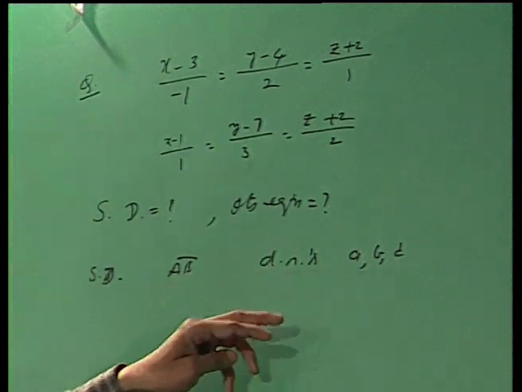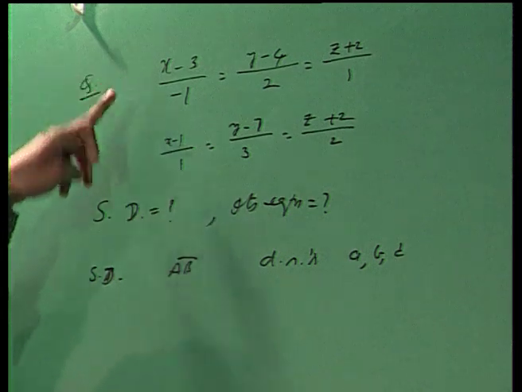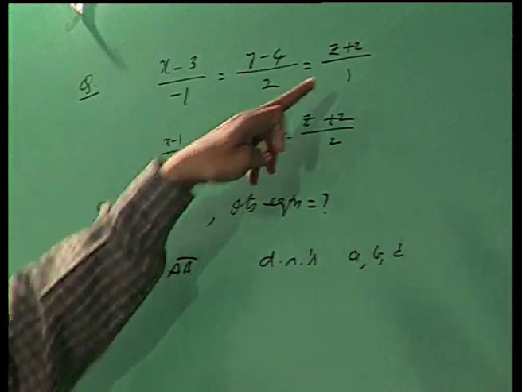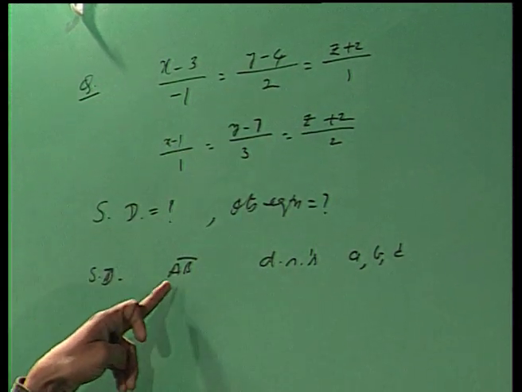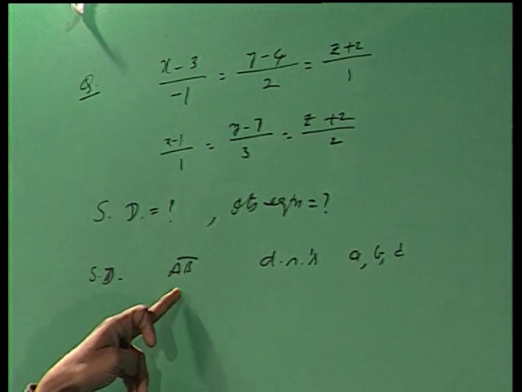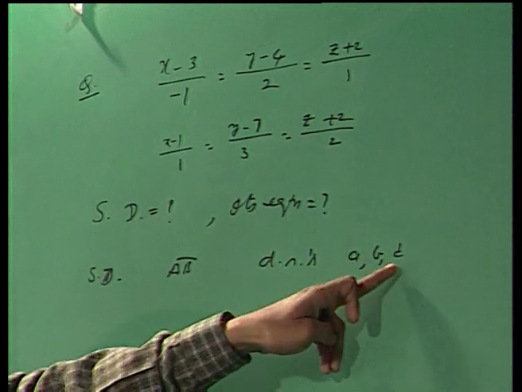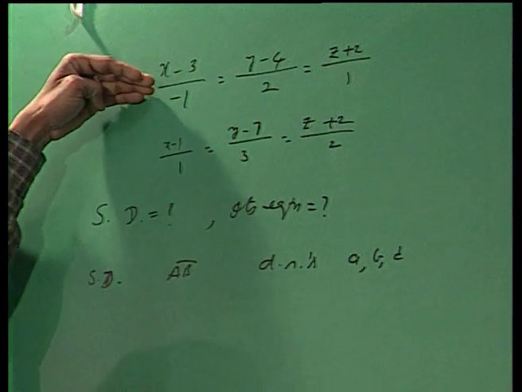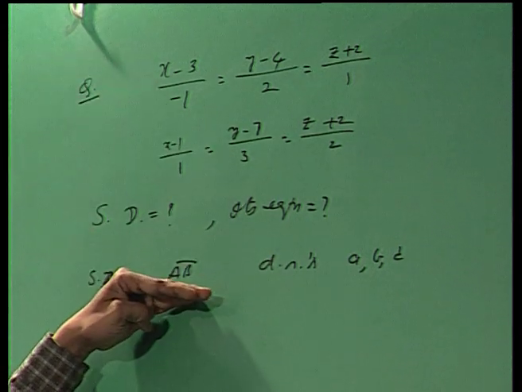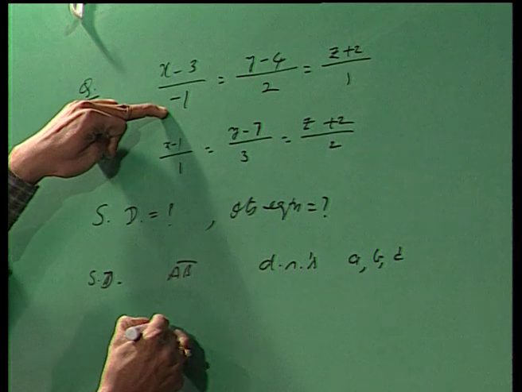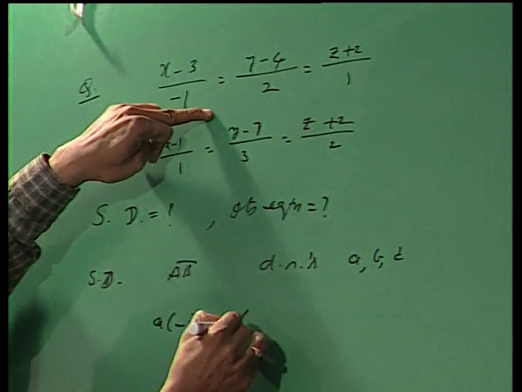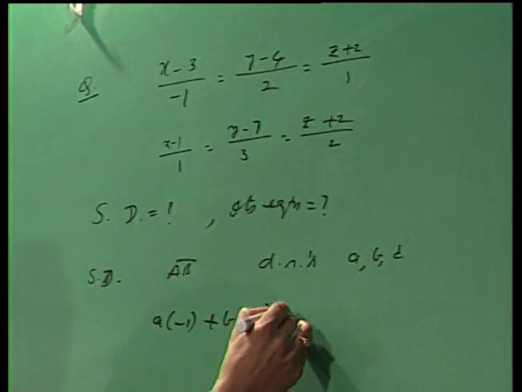Therefore, for the first line the direction ratios are minus 1, 2, 1, and the direction ratios of the shortest distance line segment AB are a, b, c. Now, this first line is perpendicular to the shortest distance line segment. Therefore, we have a into minus 1 plus b into 2 plus c into 1 is equal to 0.